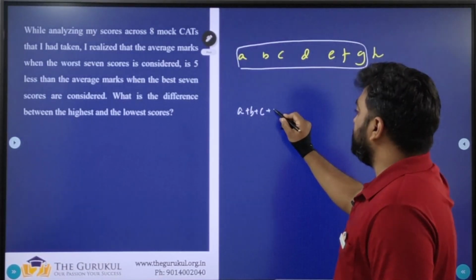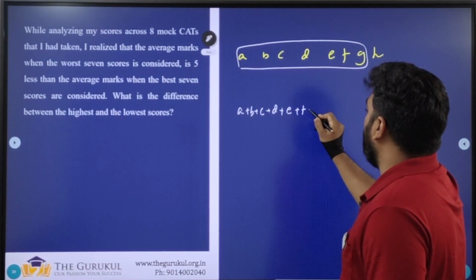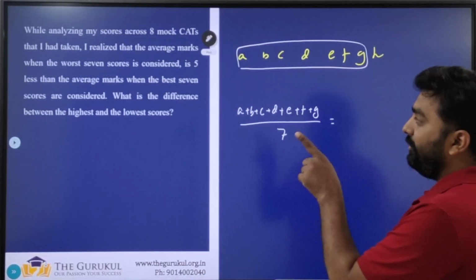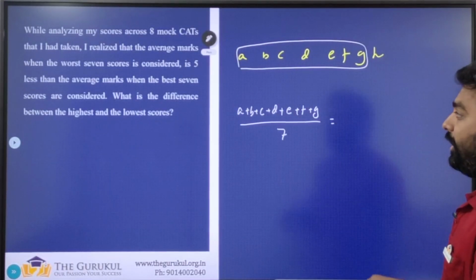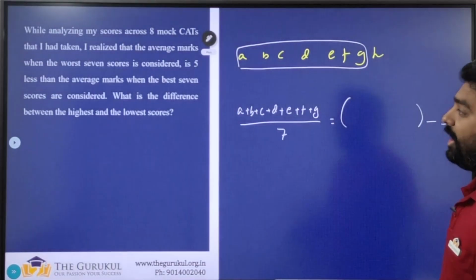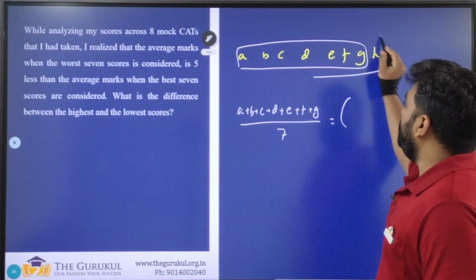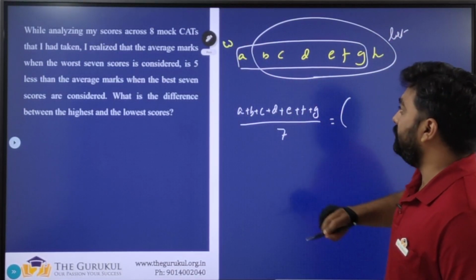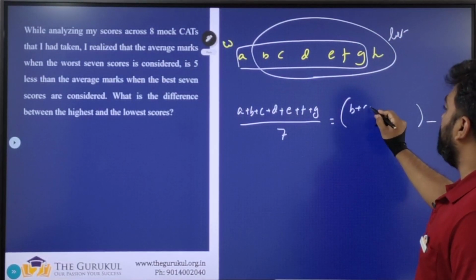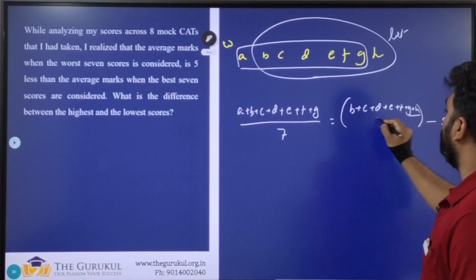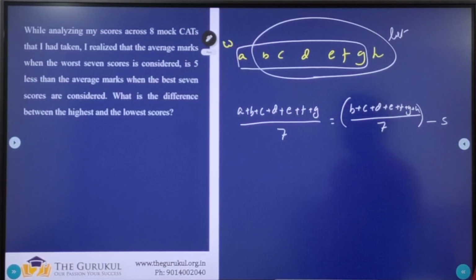A plus B plus C plus D plus E plus F plus G by 7, when worst 7 are considered, is 5 less than, minus 5 than what? Than the average of the best 7. These are the best 7, this being the best, this being the worst. So B plus C plus D plus E plus F plus G plus H by 7.